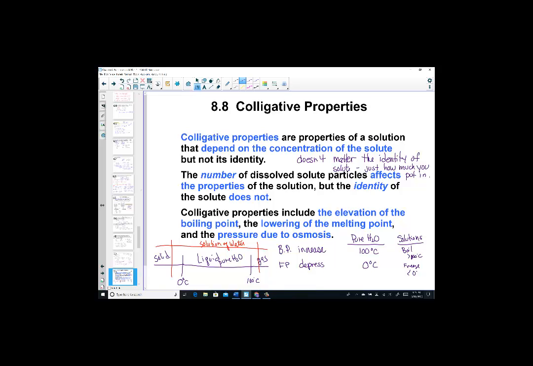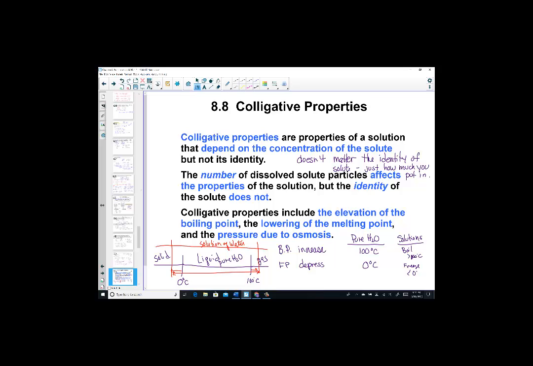Water in a pure form would have a 0 degrees Celsius freezing point and a boiling point of 100 degrees Celsius. If I make a solution of water, say salt water or sugar water, it would have a freezing point below 0 degrees and a boiling point above 100 degrees. We've extended the liquid phase by just adding a solute into the solvent.